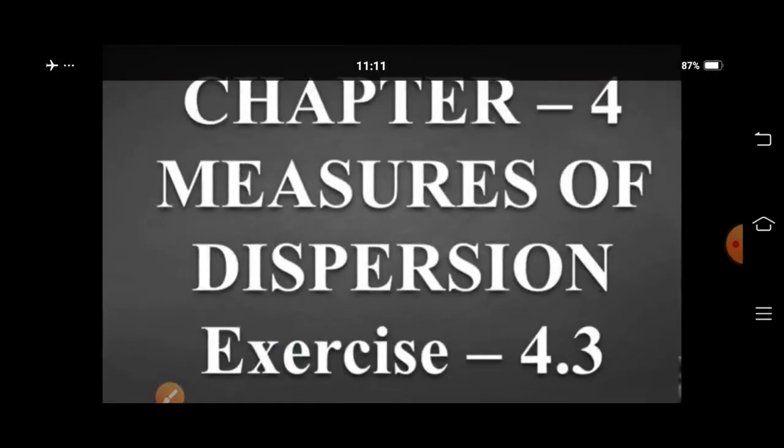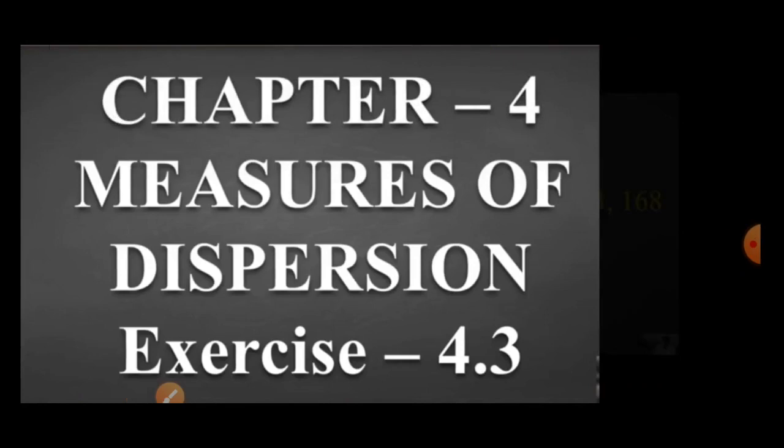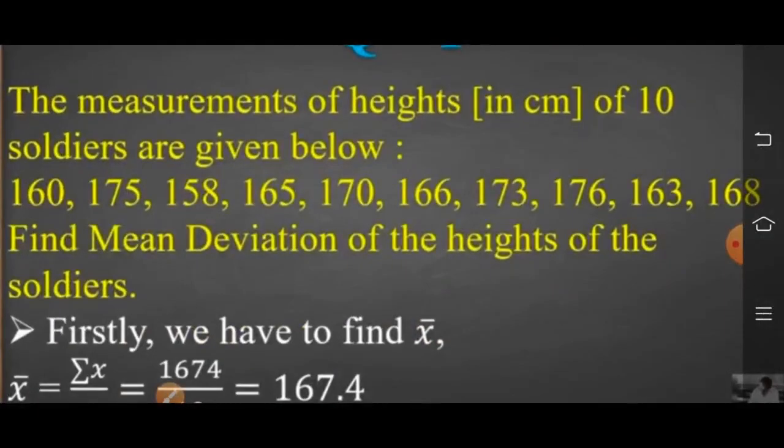Now, chapter number 4, measures of dispersion, exercise 4.3. Sum number 1: the measurements of heights in centimeters of 10 soldiers are given below: 160, 175, 158, 165, 170, 166, 173, 176, 163, 168.